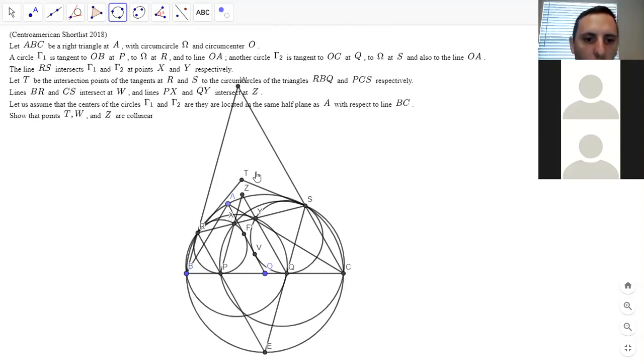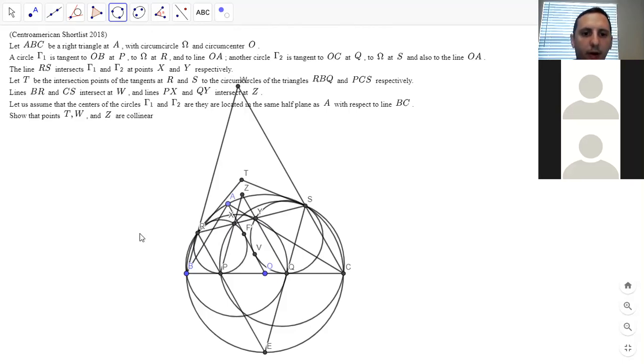So TRX is equal to TRY, which is RPY. And I think you could show that RPY is equal to XQS because I think that's angle chasing.